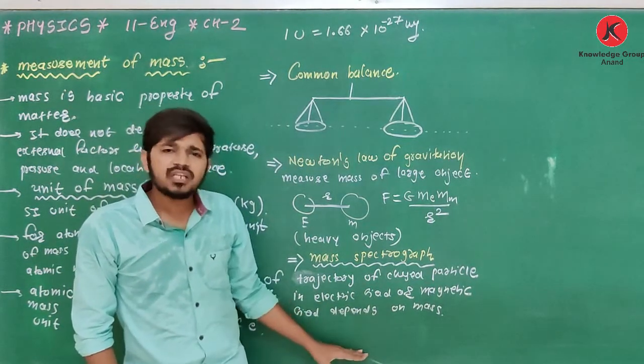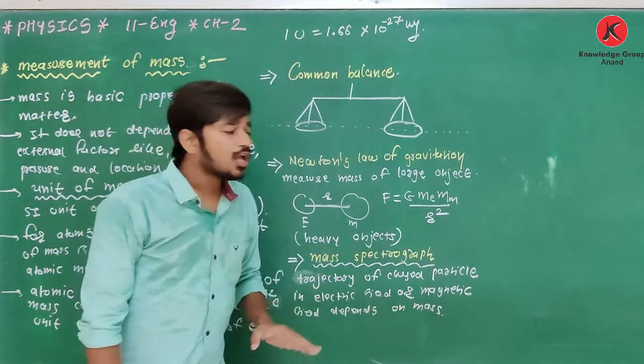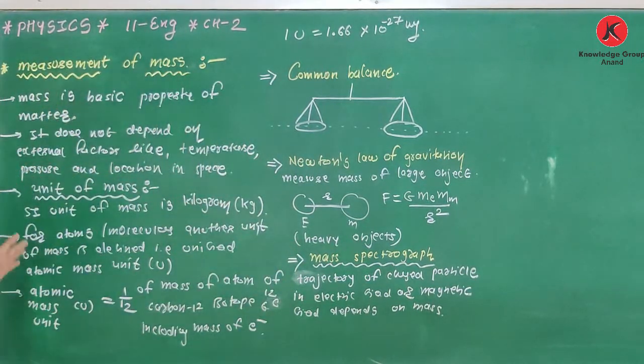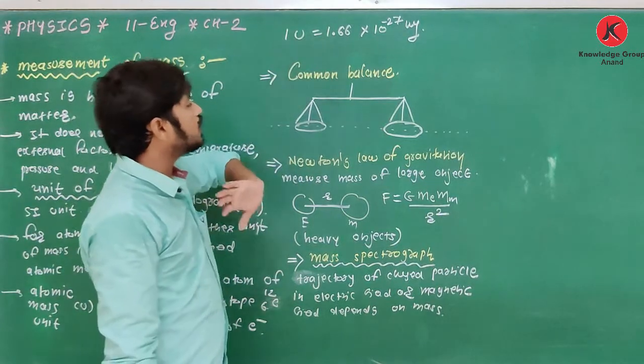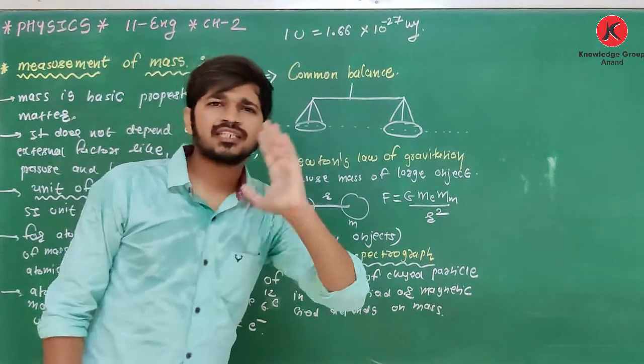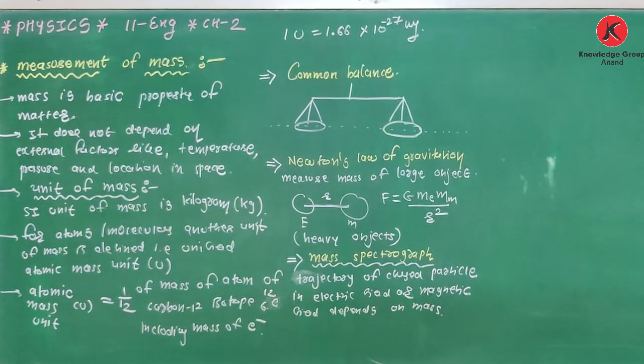We will obtain this relation in 12th. Don't worry about it. After 12th you can easily understand each and every topic. 1 u is equal to 1.66 into 10 raised to minus 27 kg. We will see it again in 12th. Right now some definitions you have to remember.